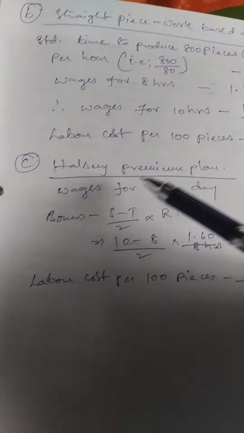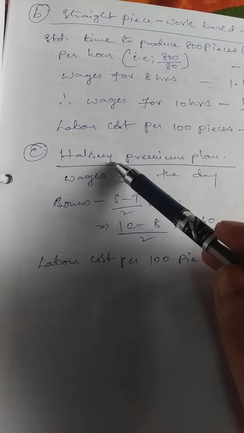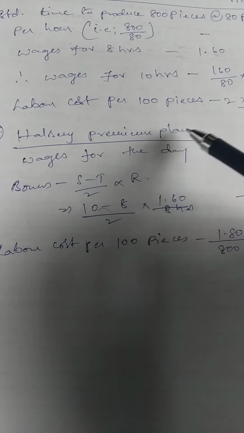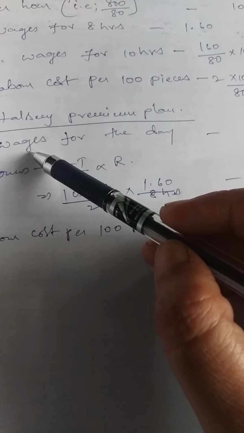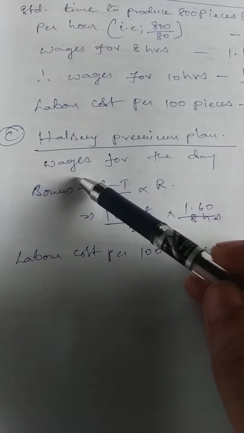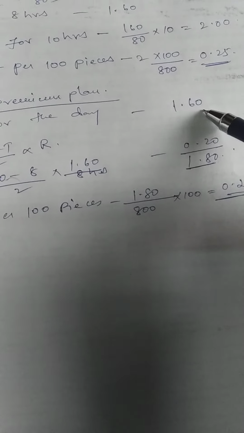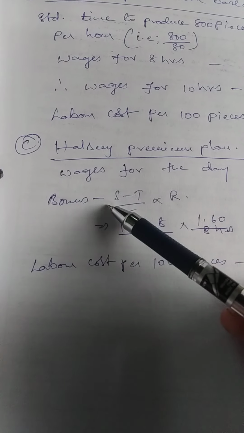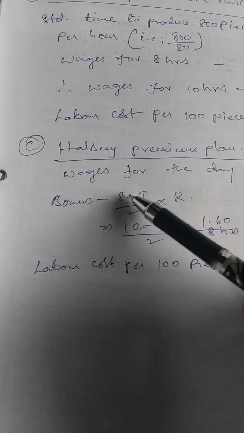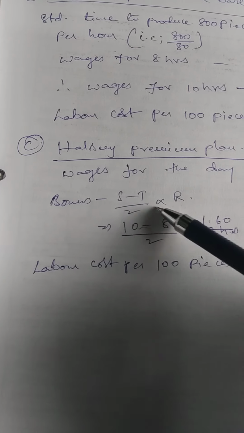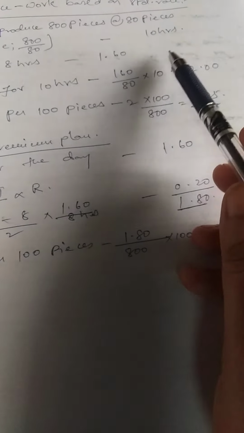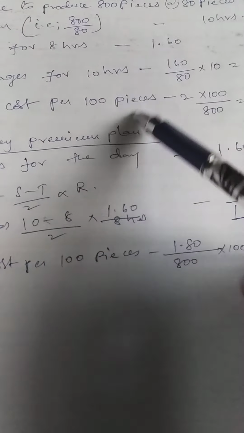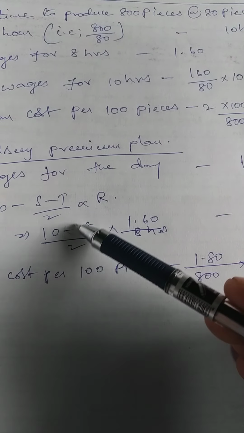And the last option you were asked is the Halsey premium plan, where 50-50 means 50% of the time saved will be taken into consideration. Normal wages given in the problem per day is 1.60, and the bonus, I think you will be knowing, is standard time minus time taken divided by 2 into rate. The standard time he has to take is 10 hours, which we have already calculated, and he has taken 8 hours.